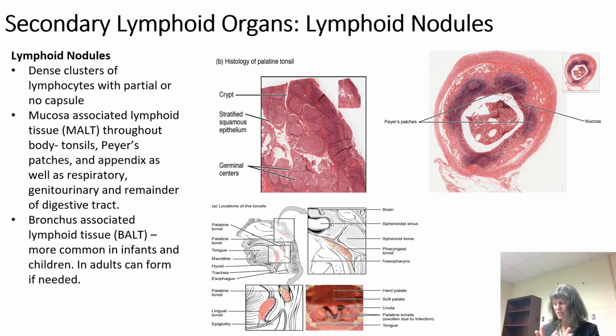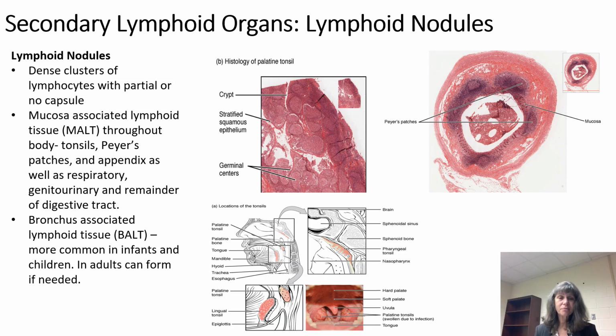And the tubal tonsils are just a tiny little group of lymphoid tissue that are going to surround the openings for the auditory tube where it goes into the pharynx. Remember, the auditory tube goes from the middle ear to the pharynx.